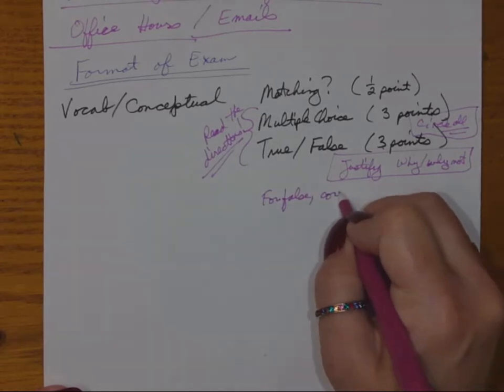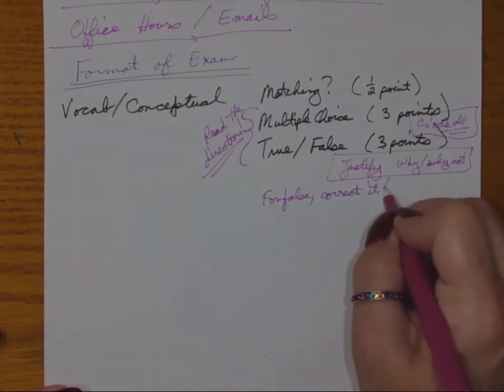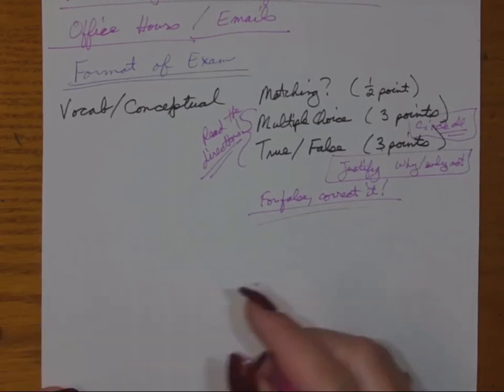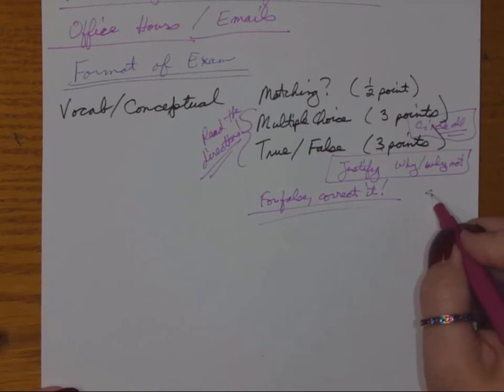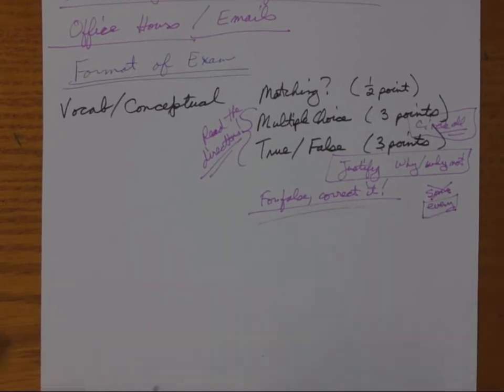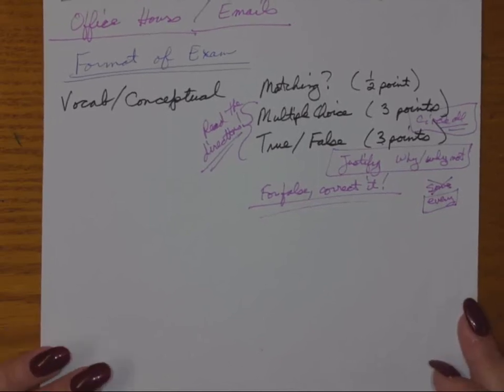Or if it's something easy, like in a census we look at some of the members of the population, you could mark out "some" and write "every." You can just correct that one word on the test and move on, and that's fine. So you don't have to rewrite the entire thing.